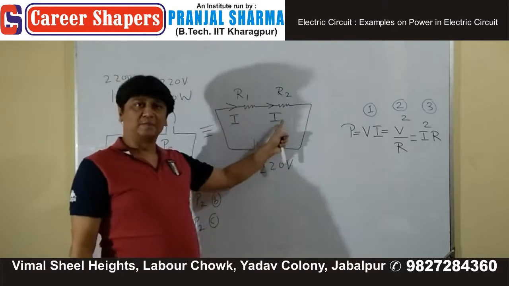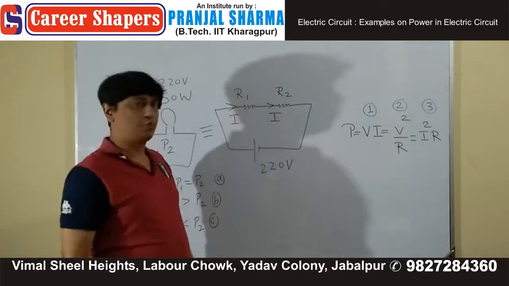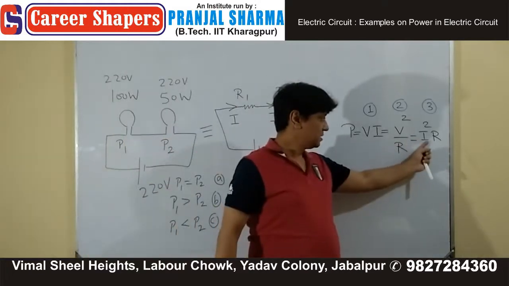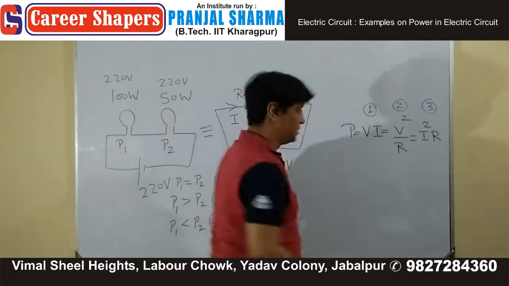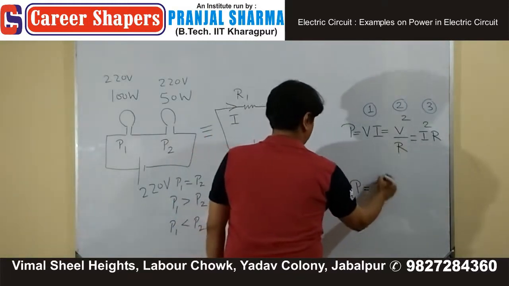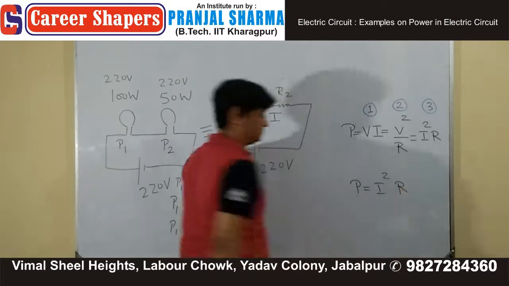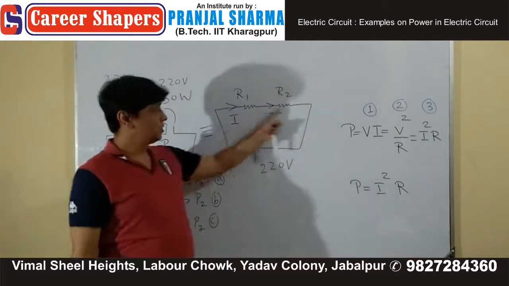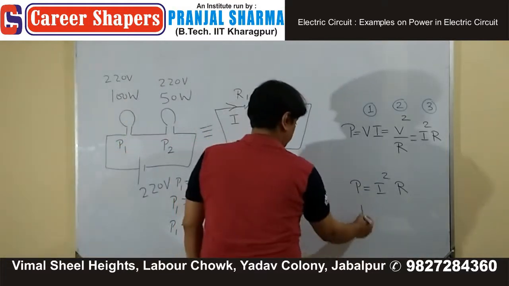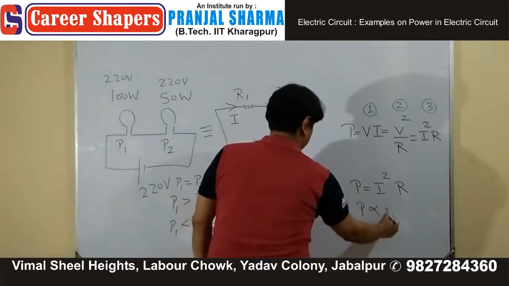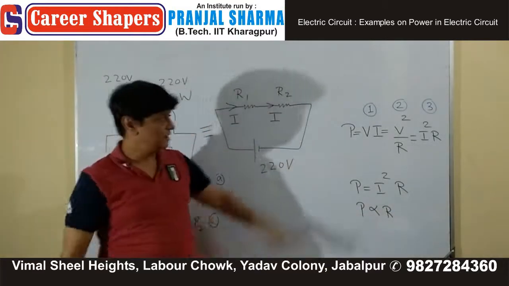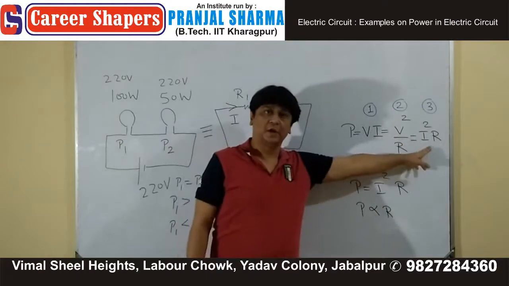If they have the same current, then to compare power you must prefer I square R. For these two bulbs, current is the same. If current is the same, that means P is proportional to what? R. That's how we decide which format should be used.